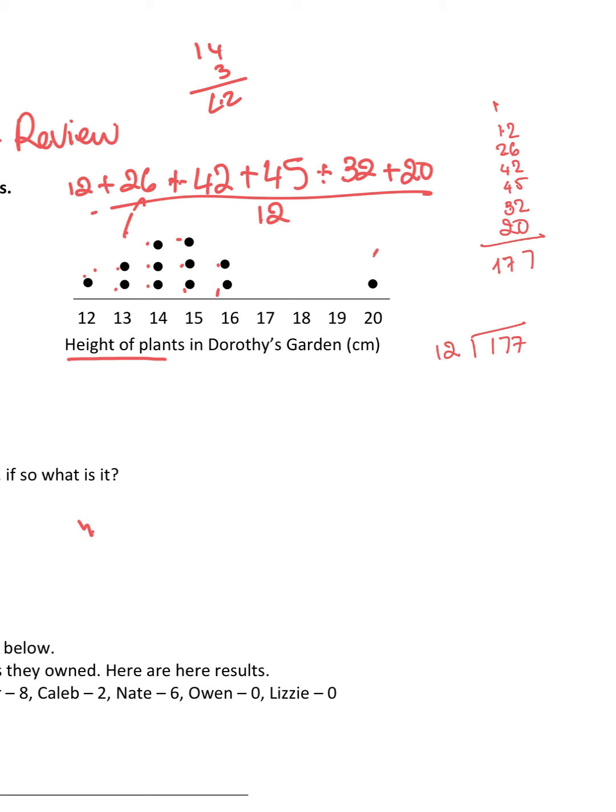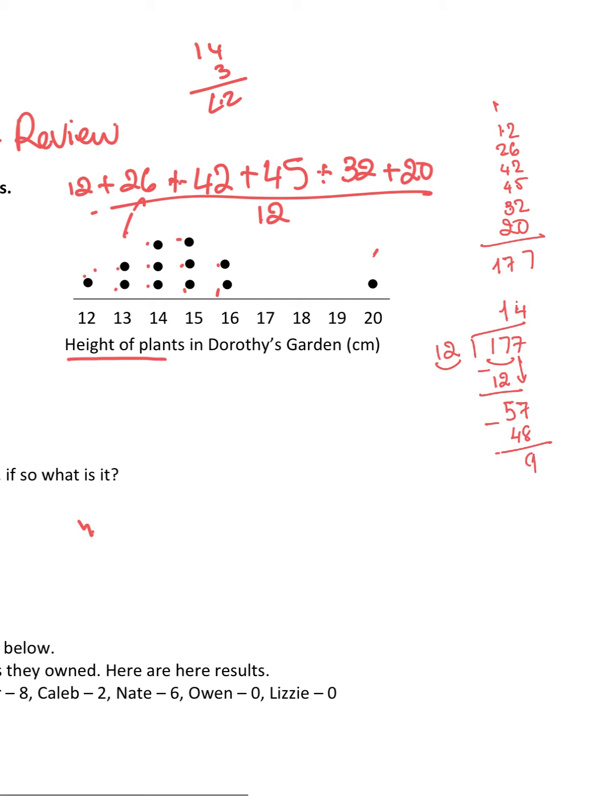So 12 goes into 17 one time. 1 times 12 is 12. 17 minus 12 gets me a 5. Drop down the 7, 57. 12 goes into 57 four times. 4 times 12 is 48. 57 minus 48 gets me a 9.